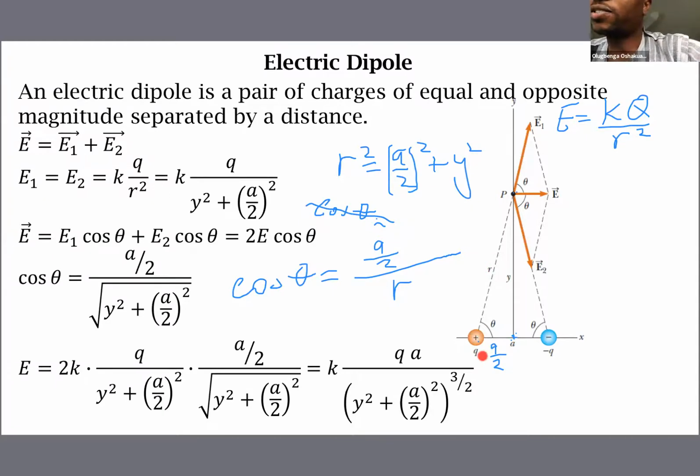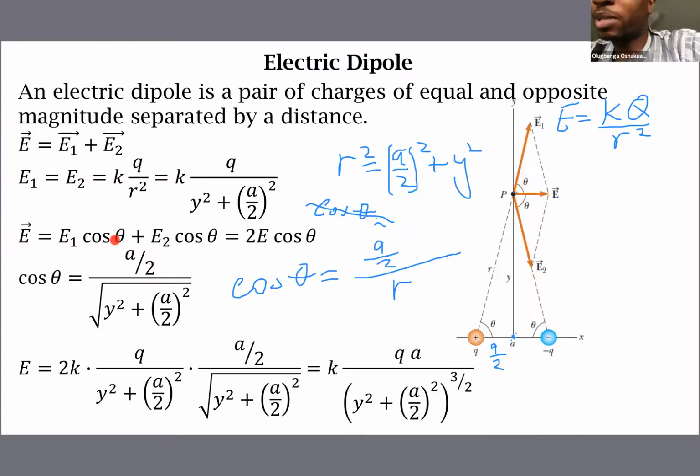And in this situation, when you look at this angle, E1 cos theta gives you E, because this is adjacent here and this is hypotenuse. A vertical line here will serve as opposite, but currently this is our adjacent and this is hypotenuse. So that means our E1 cos theta will be equivalent to E. So let's move forward, please.